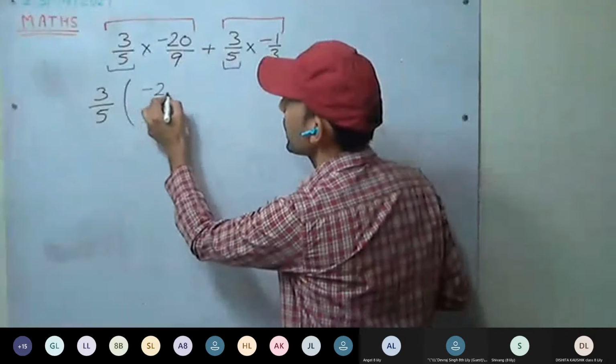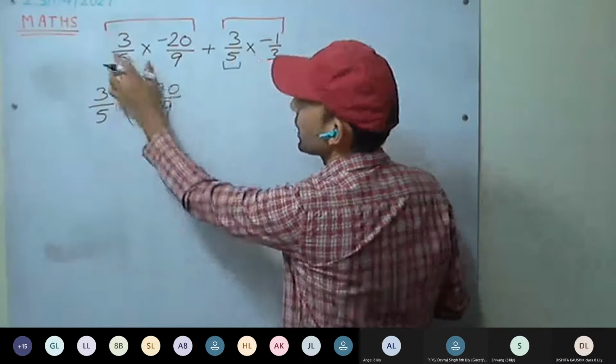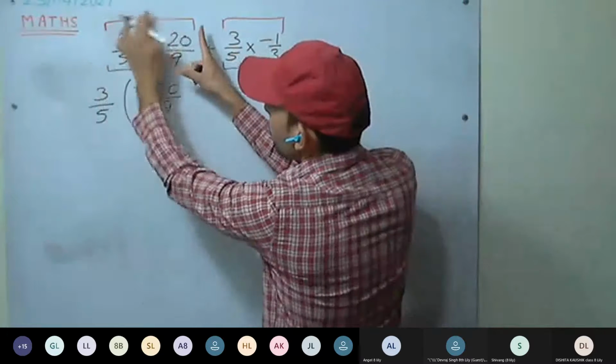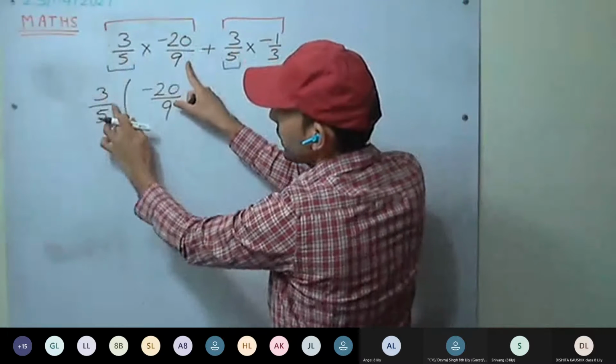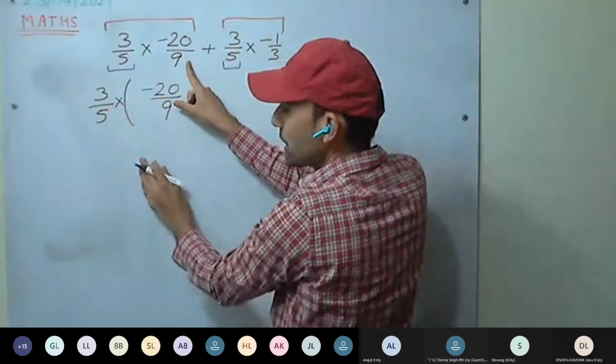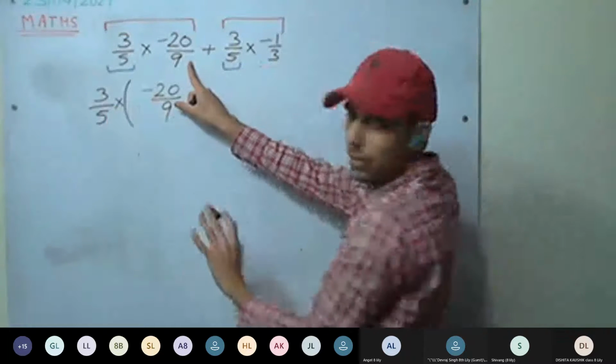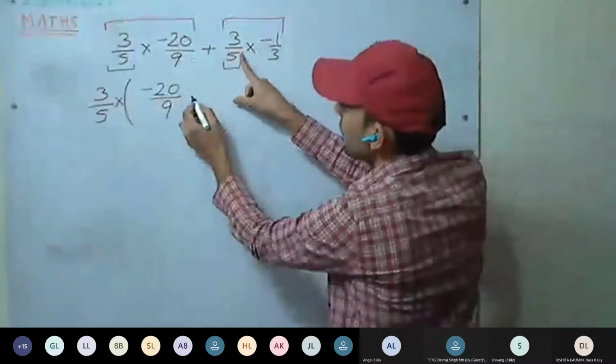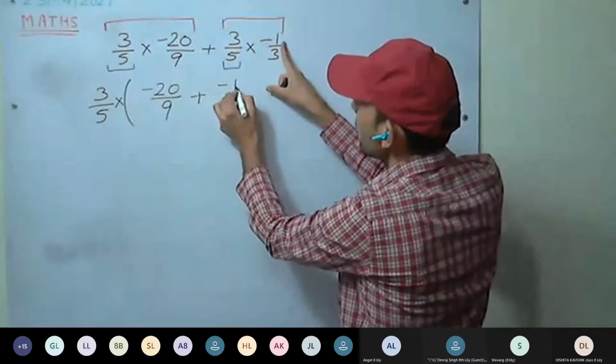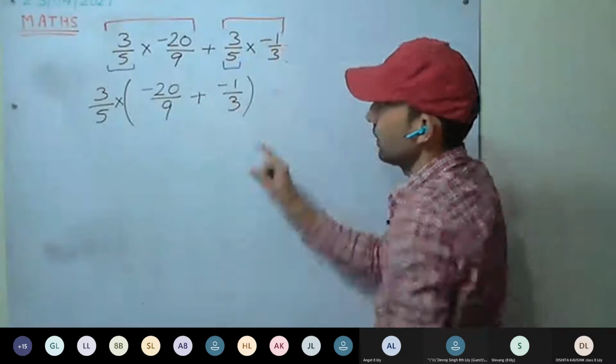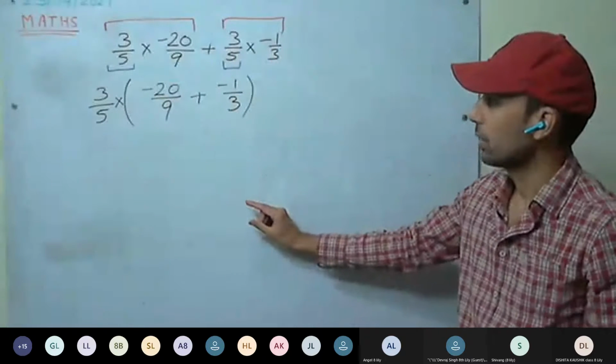Similarly, there we will do. So it will be minus 20 upon 9. Okay, 3 upon 5. From the first group, in multiplication we have taken 3 upon 5. Here, we can put a multiplication sign, or simply that means multiplication. Plus minus 1 upon 3. Okay.